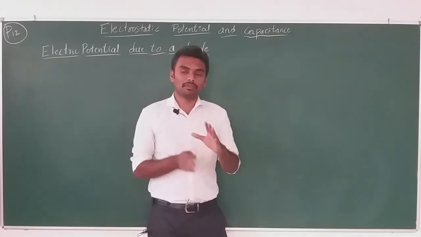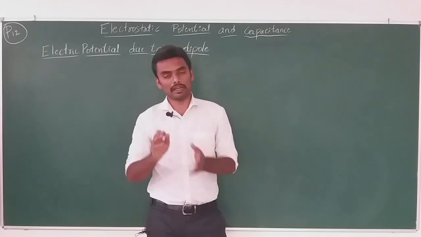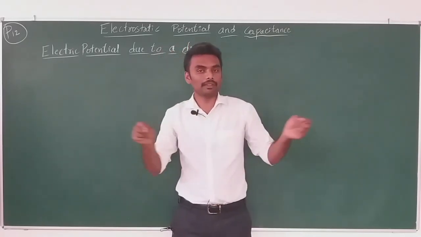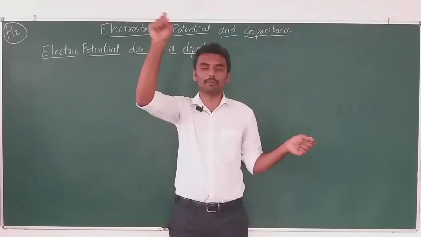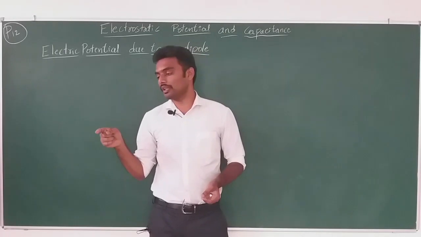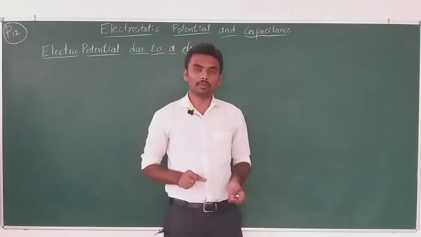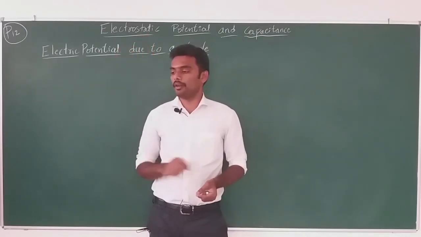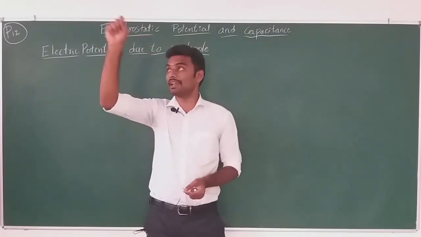In the previous case, when we discussed the electric field, it was only on the equatorial line and on the axial line, no random point was chosen. But here, we will write the expression for electrostatic potential at any random point.